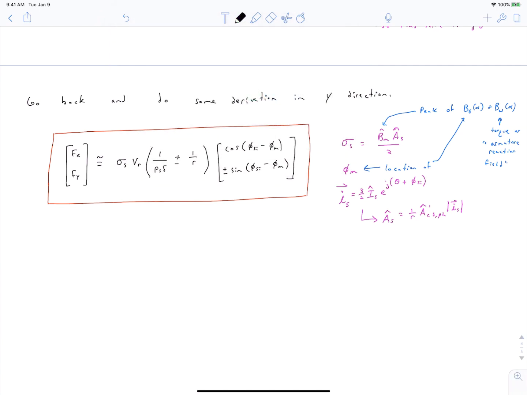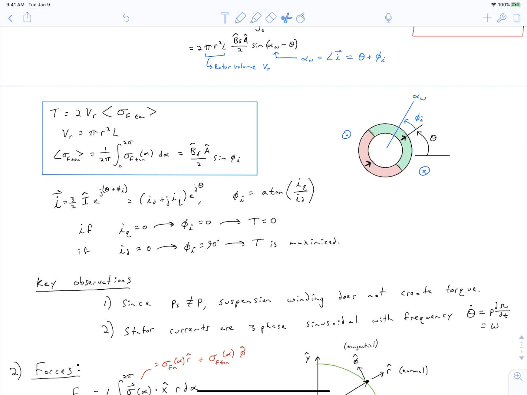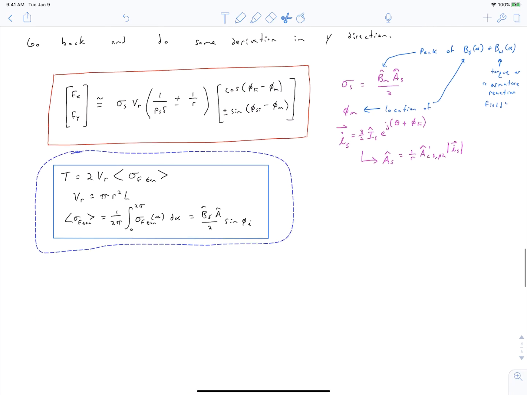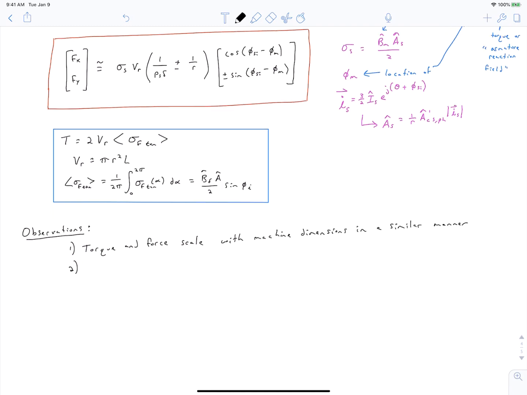And if for convenience sake we copy our torque sizing law down here, we can make a set of conclusions. The first observation is that our torque and suspension force capabilities, or ratings, scale in a similar manner. They both scale by the volume of the rotor and by the magnetic and electric loading.